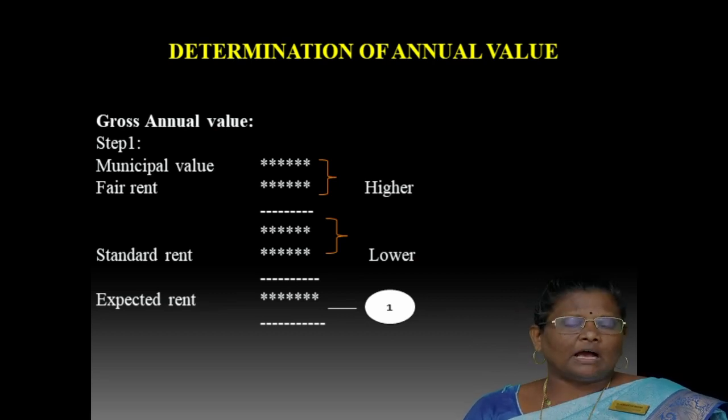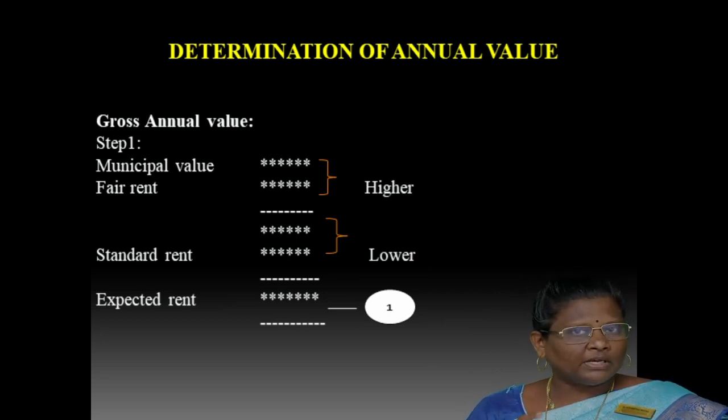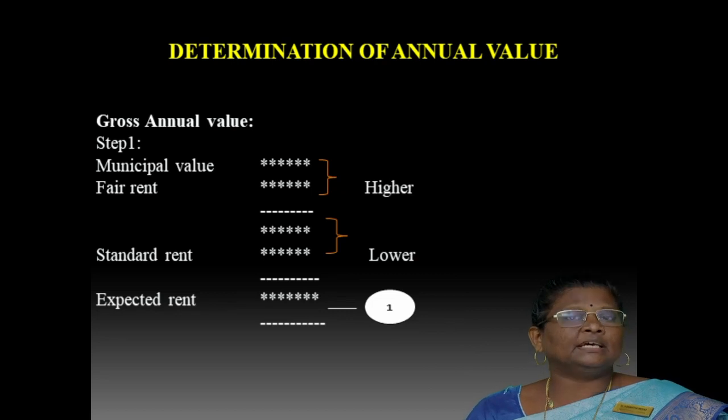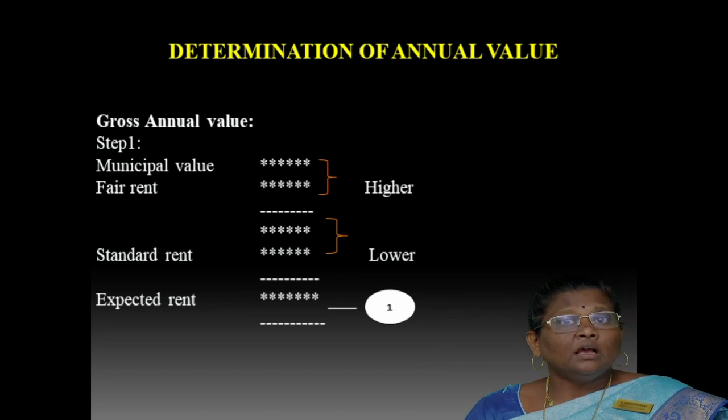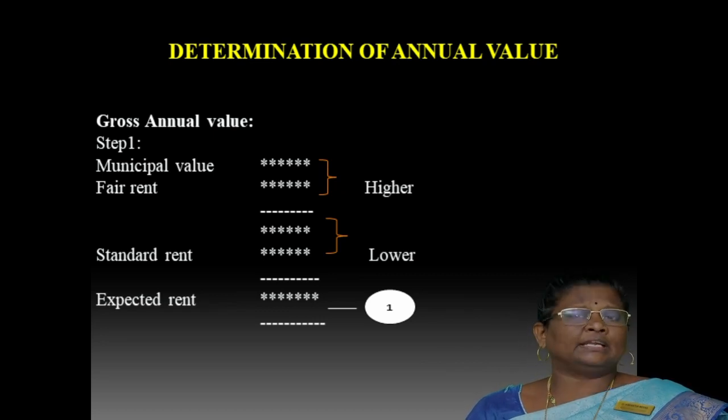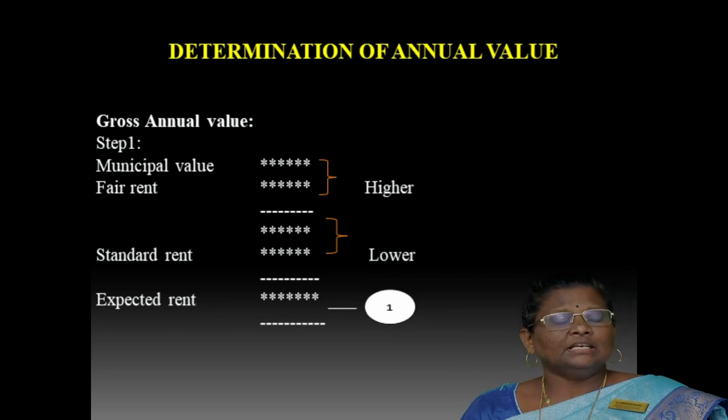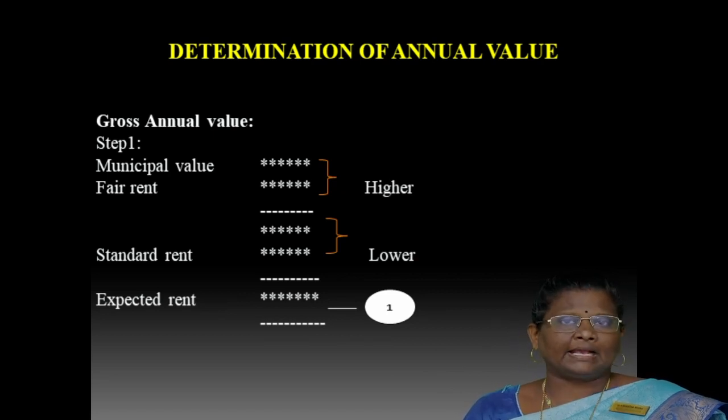This amount is then compared with the standard rent, and whichever is lower will be taken. That is the expected rent. So first we consider two values, number one, municipal value, and number two, fair rent. Whichever is higher will be taken. That amount is compared with the standard rent, and whichever is lower will be taken. That is the expected rent. That is step number 1.